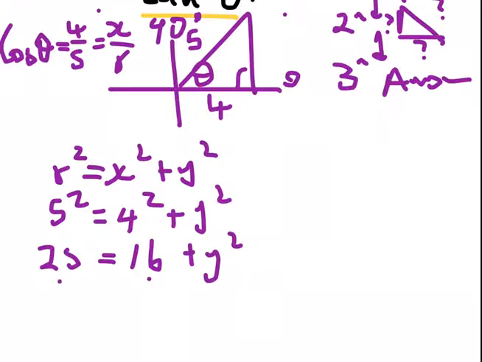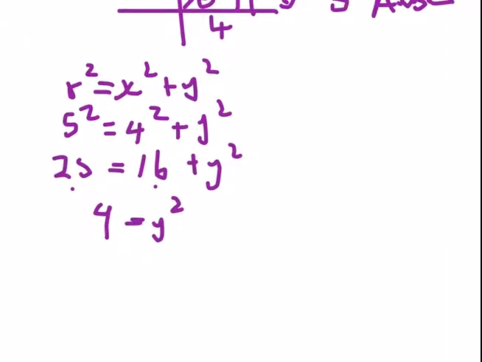Take this to the other side. What is 25 minus 16? What will that be? If you take 4 from 5, it goes to, so that means it's 9. This is equal to y squared.